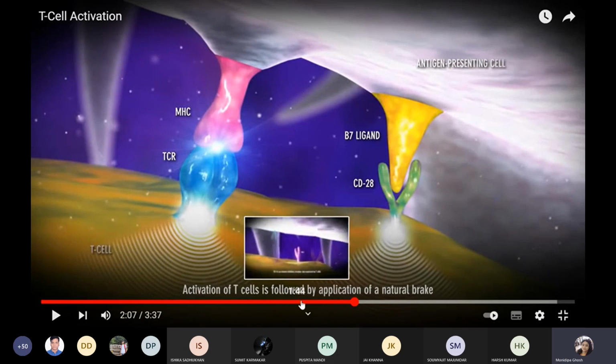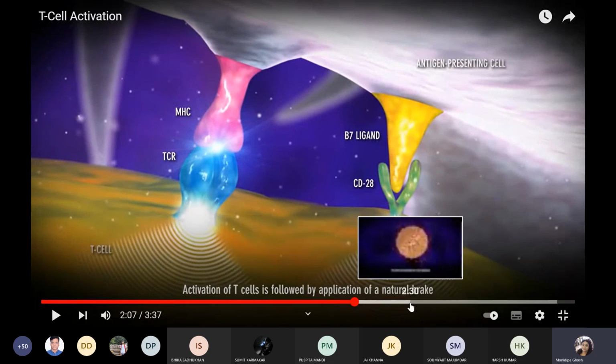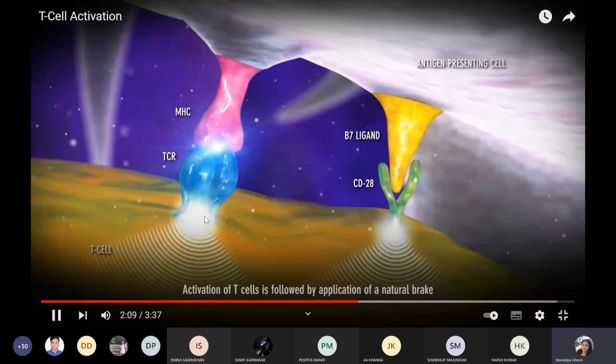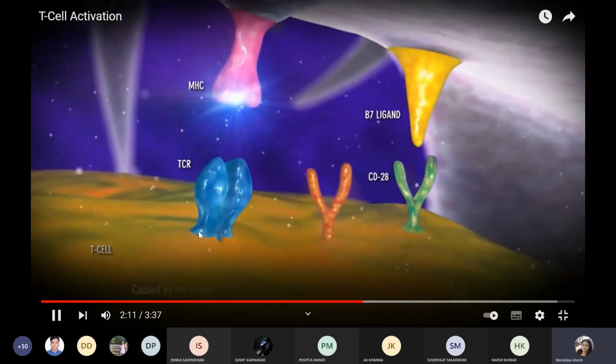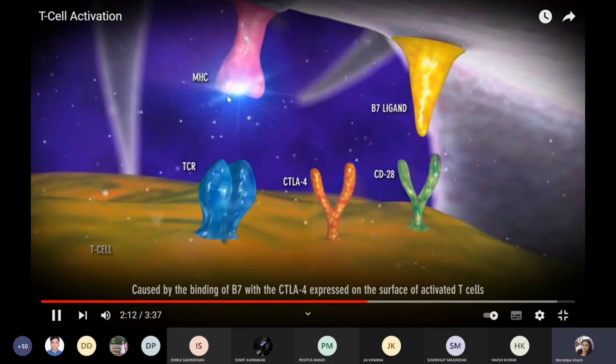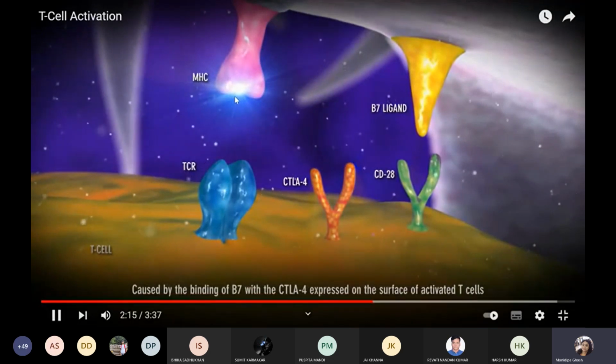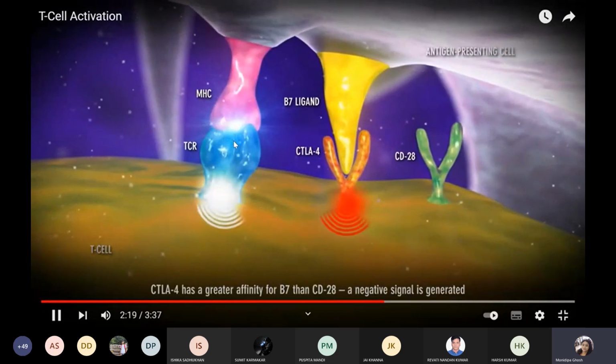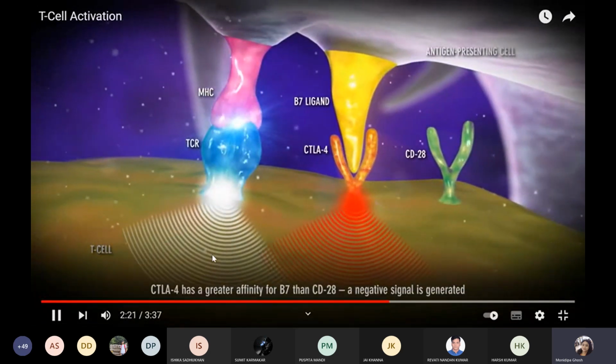Activation of T cell is followed by application of a natural brake. You see, the signal is passed. The interaction cross-talk happened. Here the antigen is displayed. This one is the antigen. The interaction happens, then the signal is on.